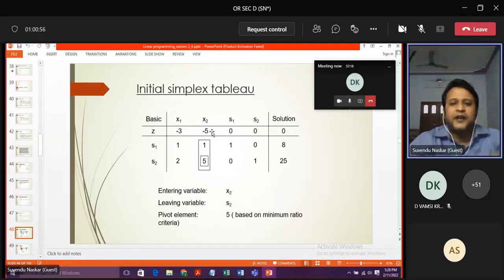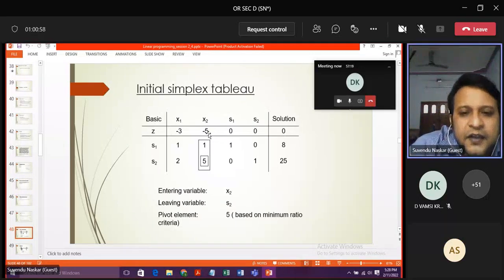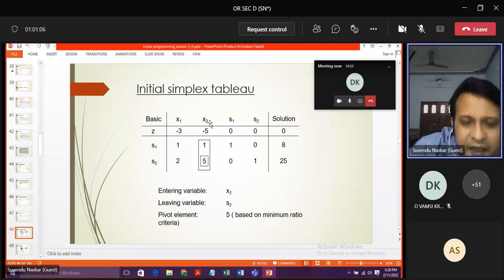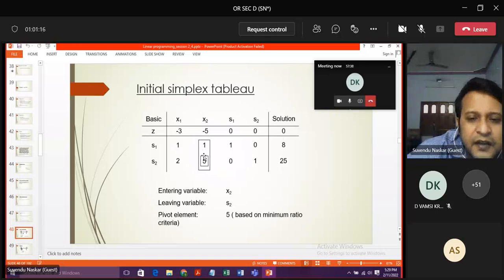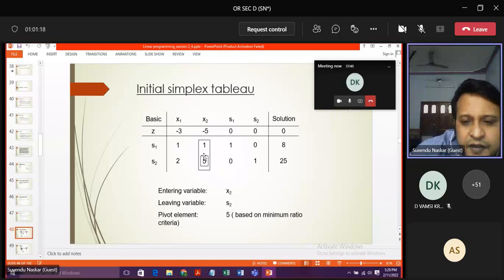Now I go back to the constraints and see which constraint this activity depends on highly. How will I identify that? It is the contribution that this activity is making in the resource absorption.